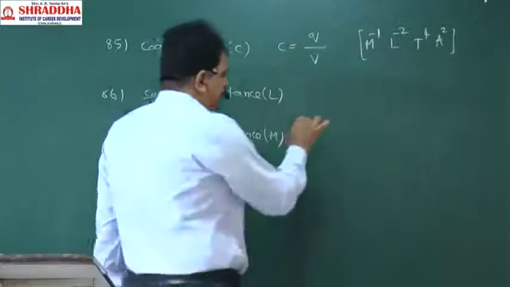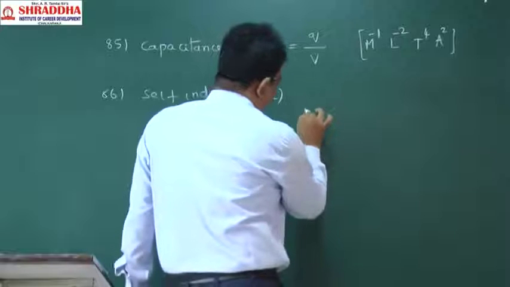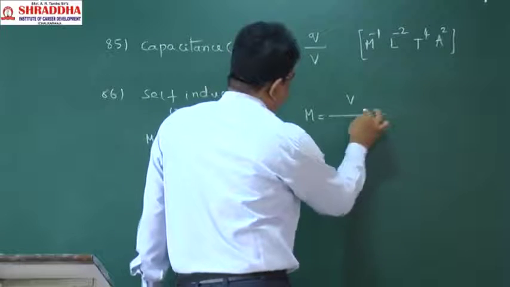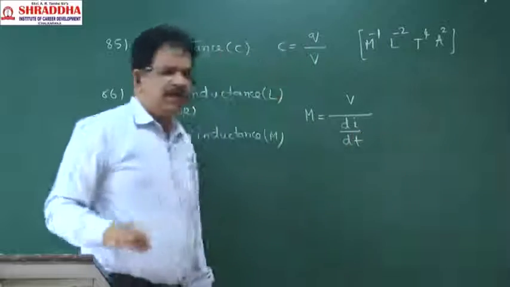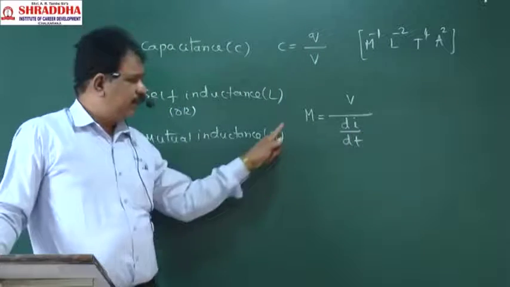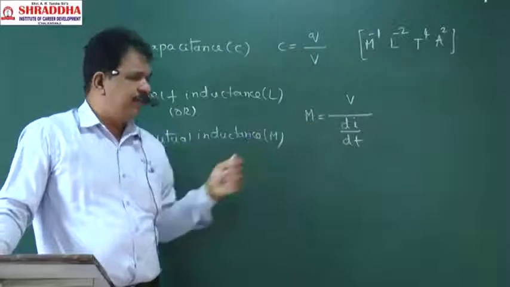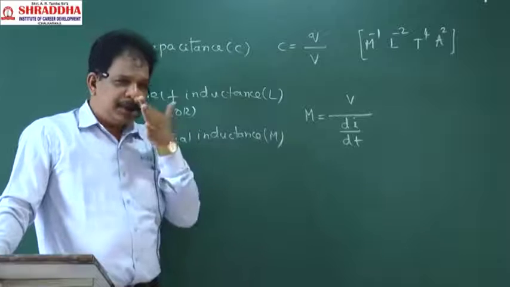So EMF, L or M is equal to V by di by dt.